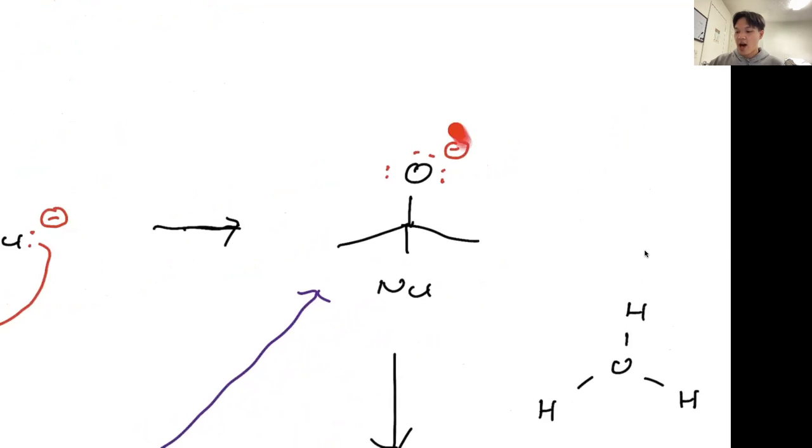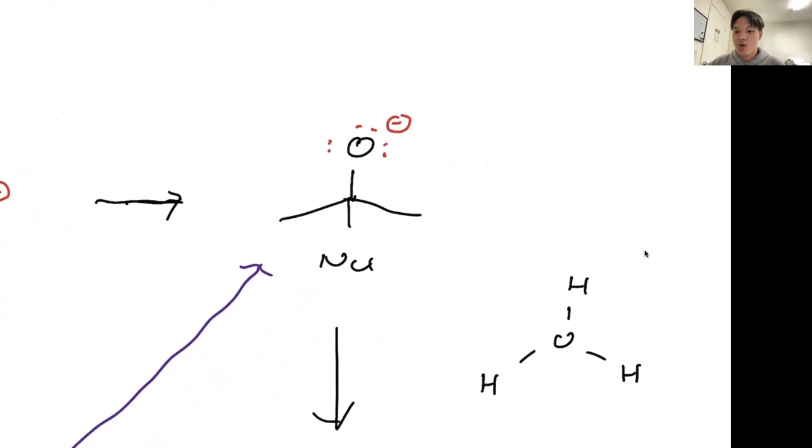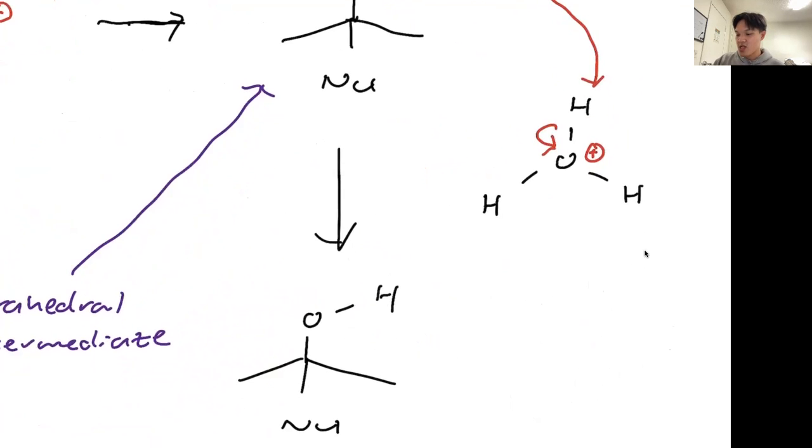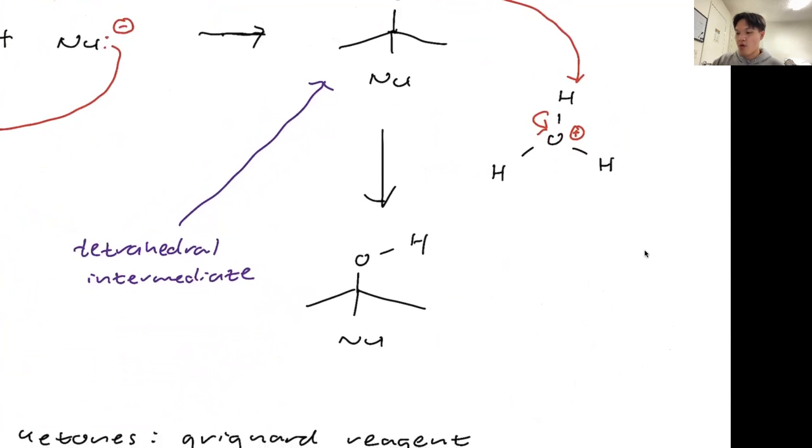And now we have our negatively charged oxygen, right? And if you react it with an acid, any acid, this is called an acidic workup. So here I just have the H3O+ acid. This can actually take the acidic H and then make this species where we now have an alcohol here, right?